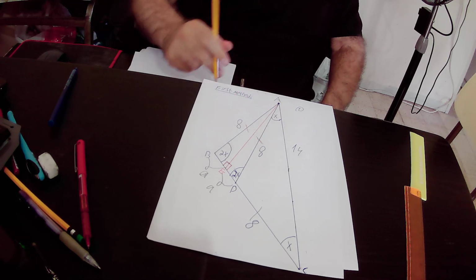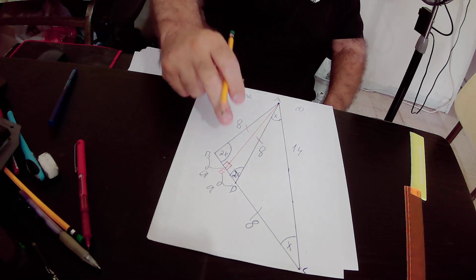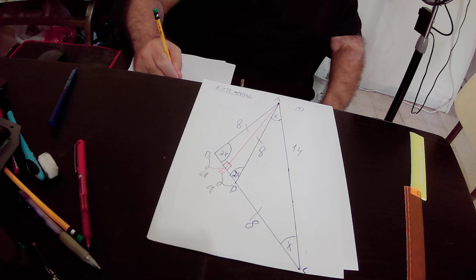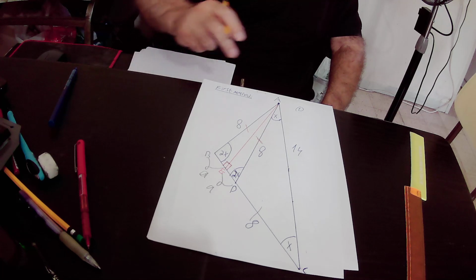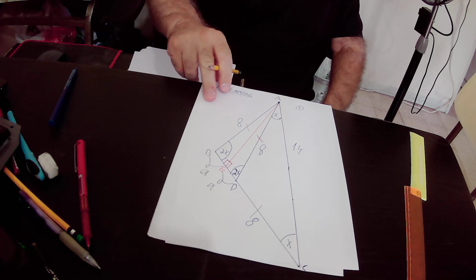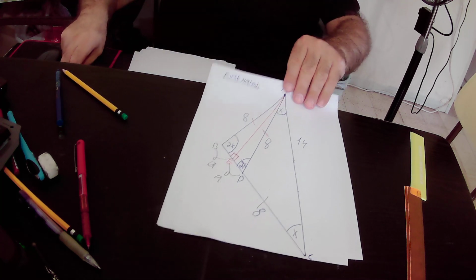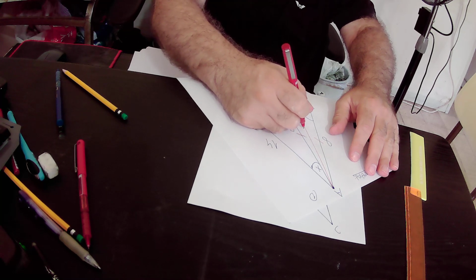That is to say, AB squared equals BE squared plus AE squared. And we will also define AE as H. AE equals H according to our definition.